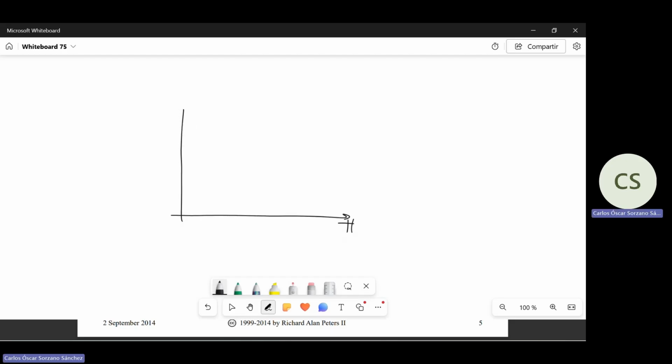So this is the number of photons, and this is the intensity, the value that we will read. And typically they behave something like this. There is a region in which it behaves in a linear way, but beyond some point, it saturates and all the time returns the same value.